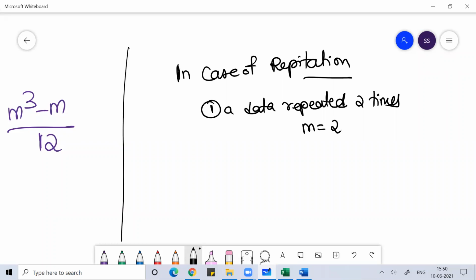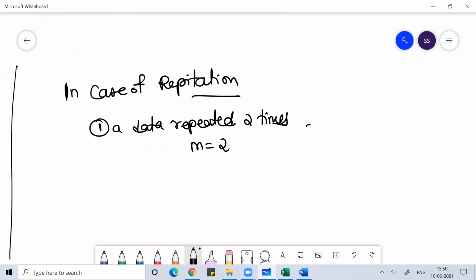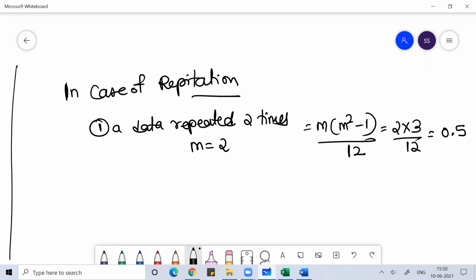If m is equal to 2, because the data is repeated 2 times, then the value of m into m square minus 1 by 12 is 2 into (2 square, 4, minus 1) which is 3, by 12, and that is equal to 0.5. You can remember this. I've seen a maximum of 2 or 3 times in questions.